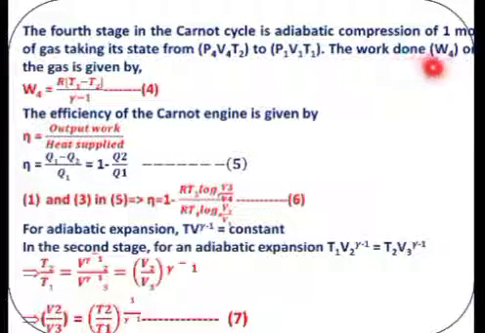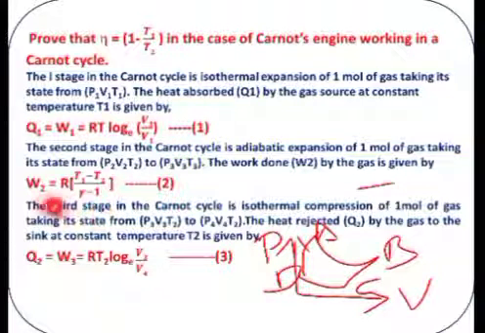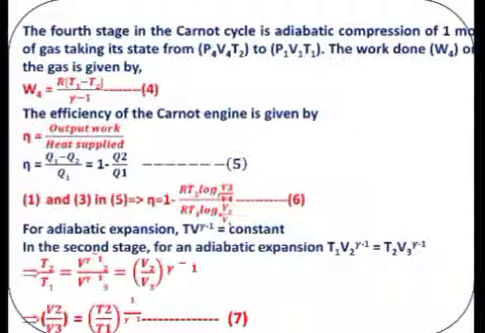The work done W4 on the gas is given by a similar equation to the second one, with temperatures T1 and T2, R the same, and gamma minus 1. We can call this equation number 4.